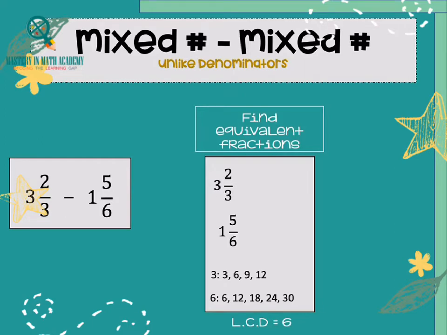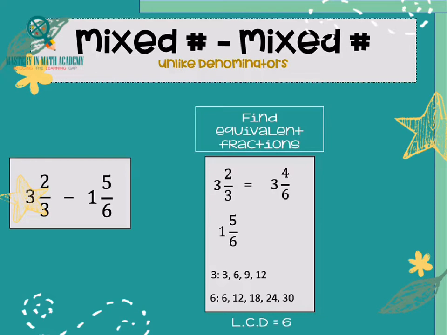Our LCD for 3 and 6 is 6. So now we can find equivalent fractions. 2/3 is how many sixths? 2/3 is 4/6. And notice that I'm keeping my whole number with my fraction because I don't want to separate them.